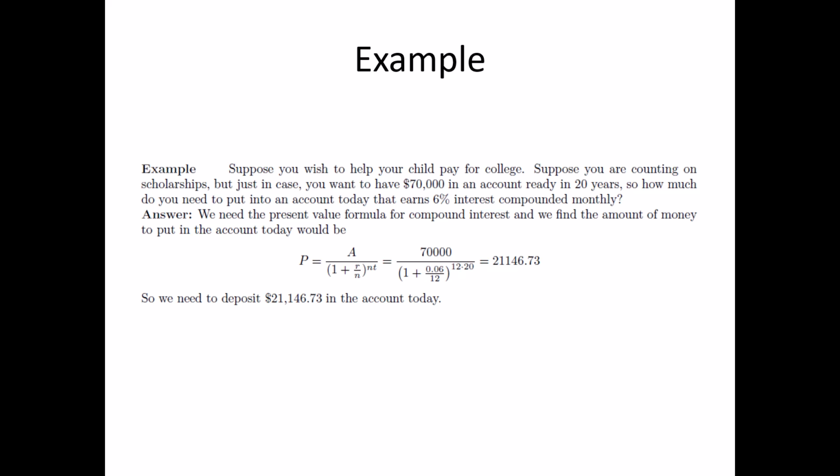And when we do the calculation, we get about $21,146.73. So if we deposit $21,146.73 in an account today that's compounding monthly at 6% interest, in 20 years we should have $70,000 to help pay for this child's college.